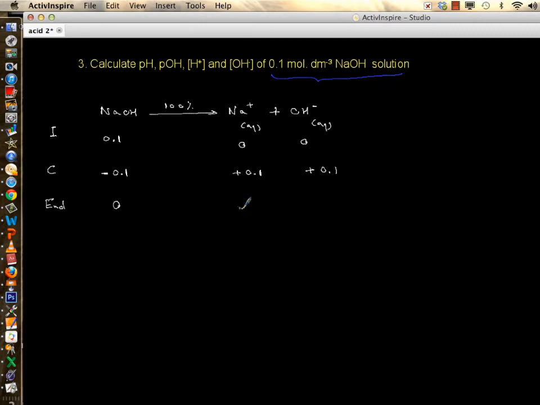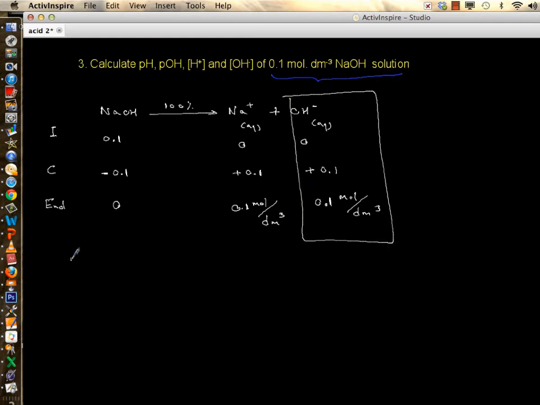You will have 0.1 mole per decimeter cube of sodium, which has no affinity for water, stays and floats in the solution, and 0.1 mole per decimeter cube of hydroxide, which will change your pH.